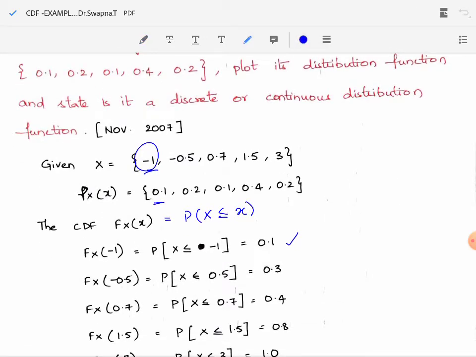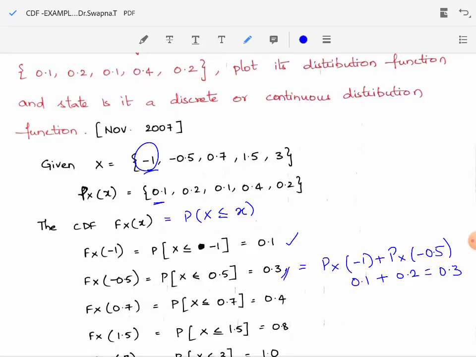Similarly, Fx of -0.5 is equal to p of x less than or equal to -0.5. So this is equal to px of -1 plus px of -0.5. So px of -1 is 0.1, px of -0.5 is 0.2. So summing we get 0.3.